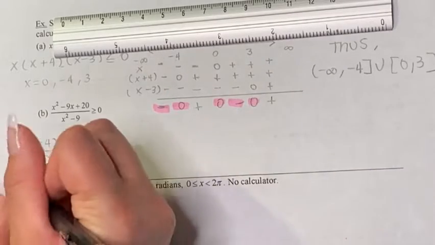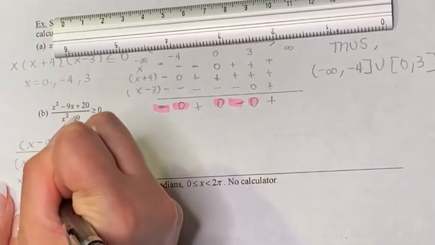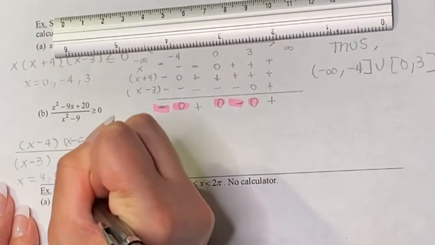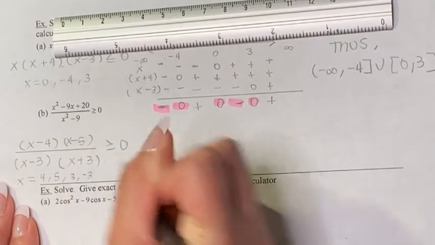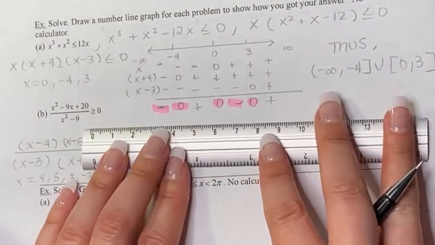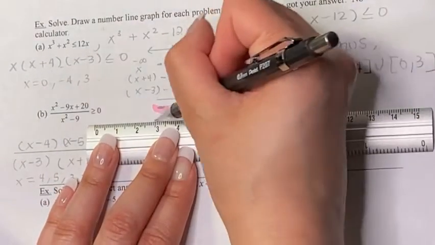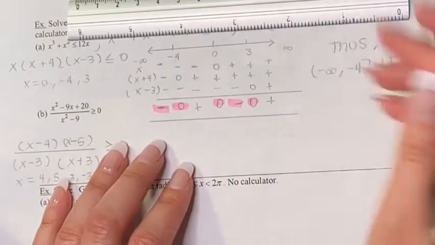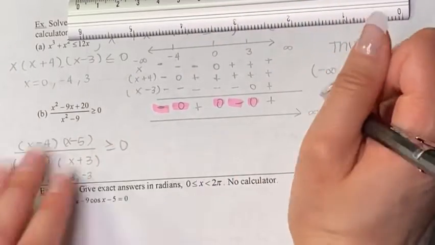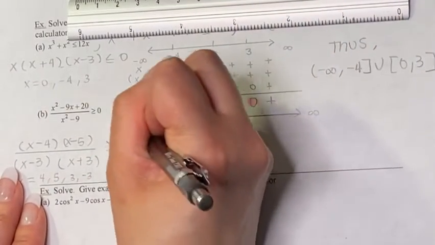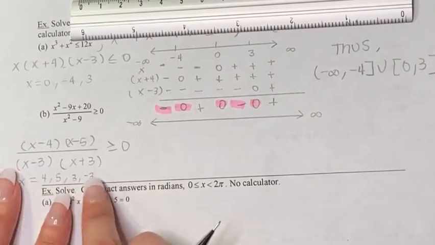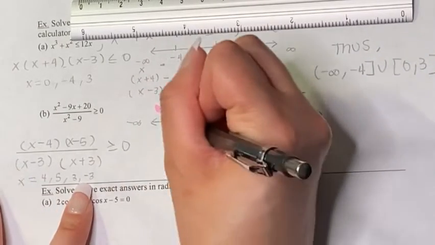And you know that the numbers that I care about in this situation are going to be 4, 5, 3, and -3. Okay, so I do my number line over here. Again, okay, so you have positive, then you have the -infinity over here. The smallest number that we have is -3.